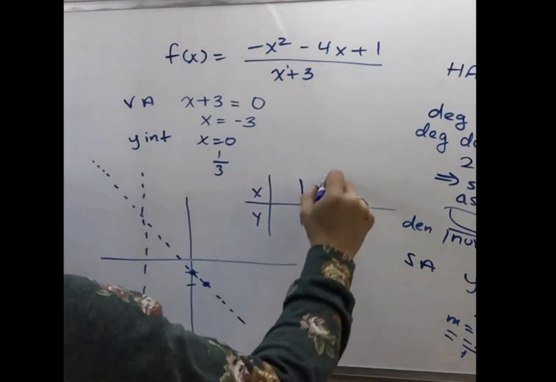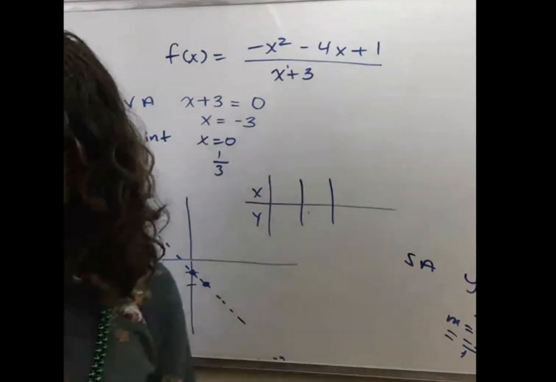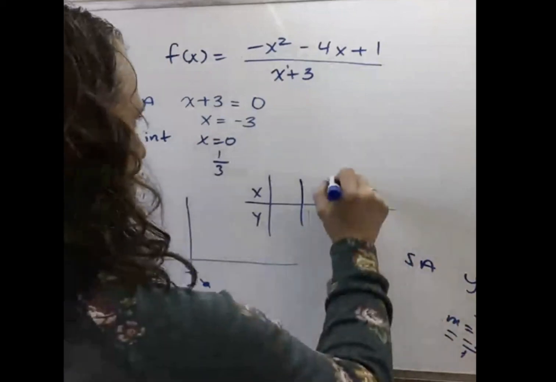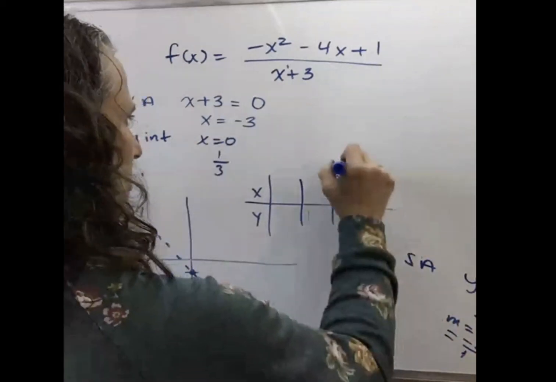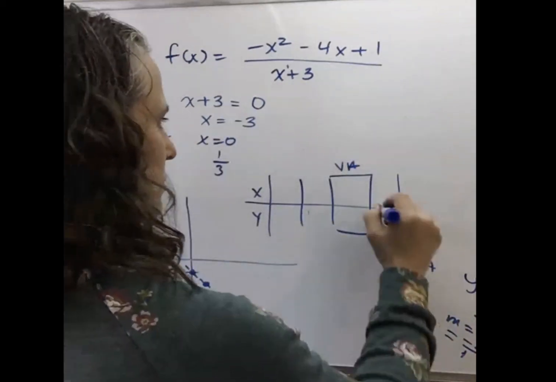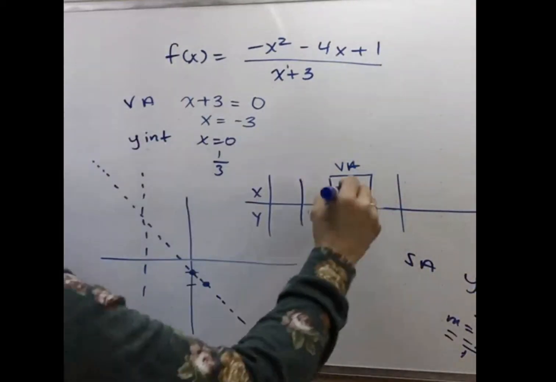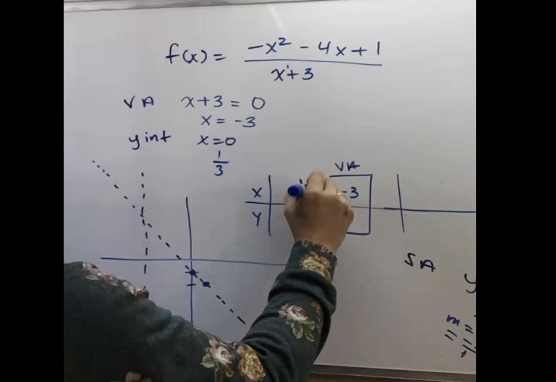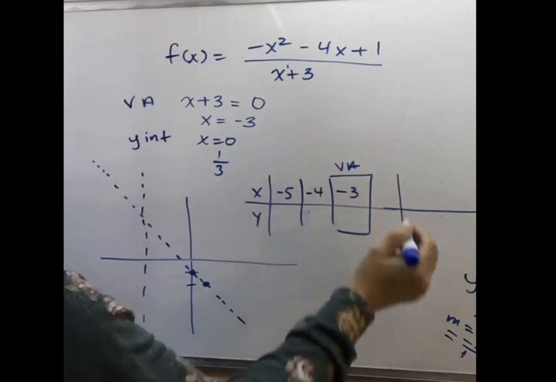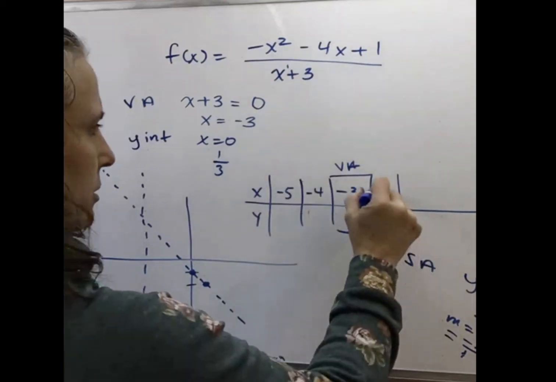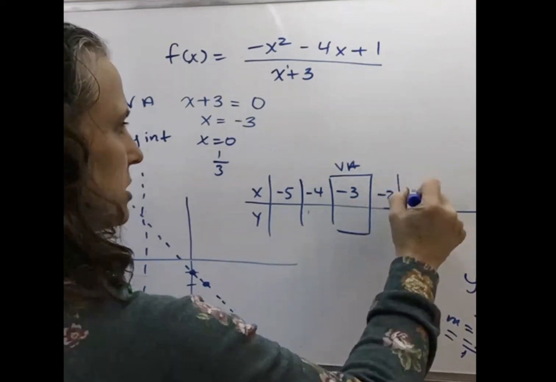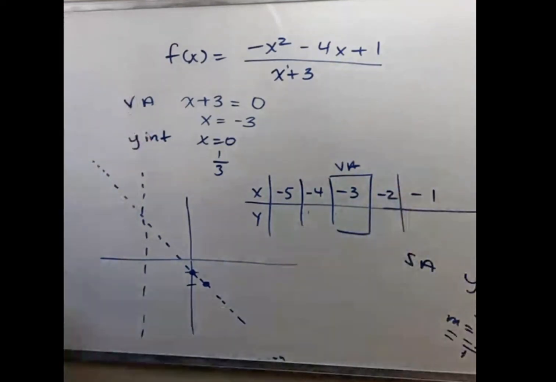So let's see, 2 x's and then 2 x's to the right. So this x right here will be my vertical asymptote. My vertical asymptote was at negative 3. So let's go ahead and do negative 4, negative 5, and then negative 2 and negative 1.